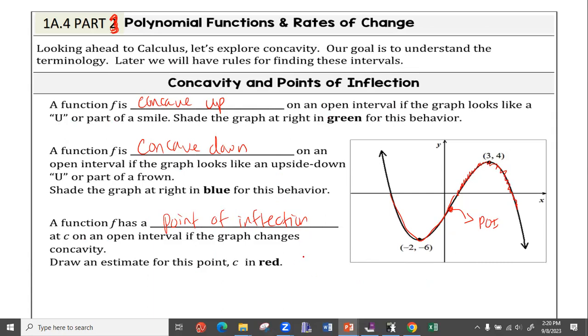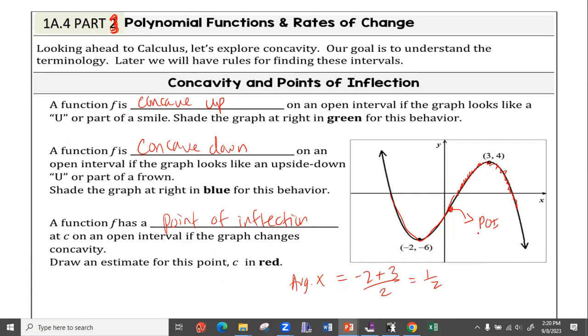So in order to find our point of inflection, we're going to find the average of our X's. That's going to equal -2 plus 3 divided by 2. That's going to give me 1/2. Do we see that? Agreed?